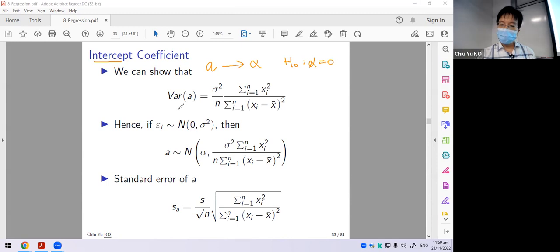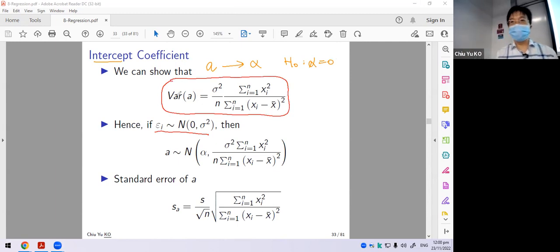First, without invoking this bell curve, I want to argue, without doing the proof, that the intercept we get has a variance following this formula, okay? You probably ask why this is true.